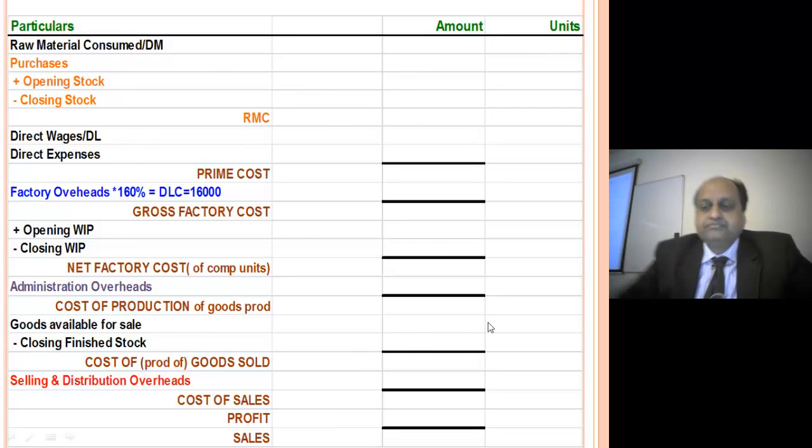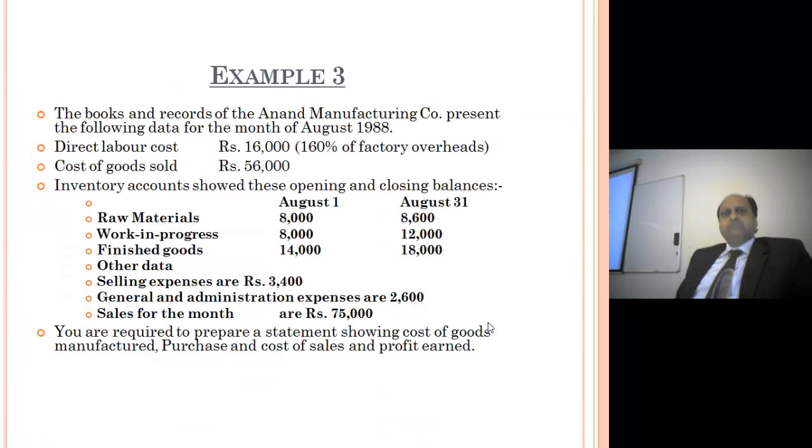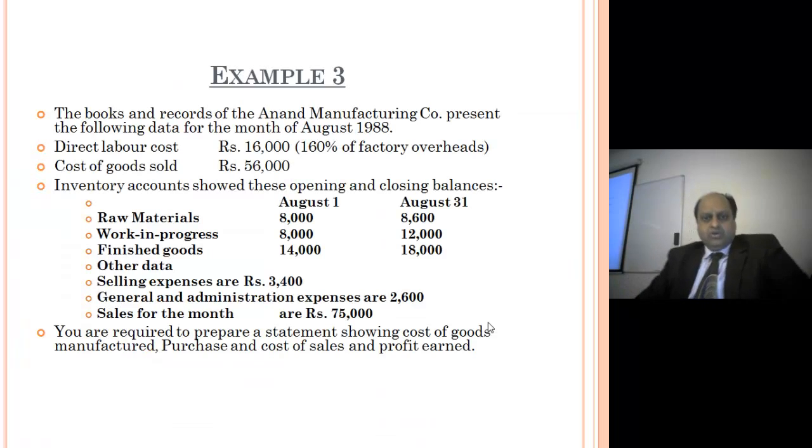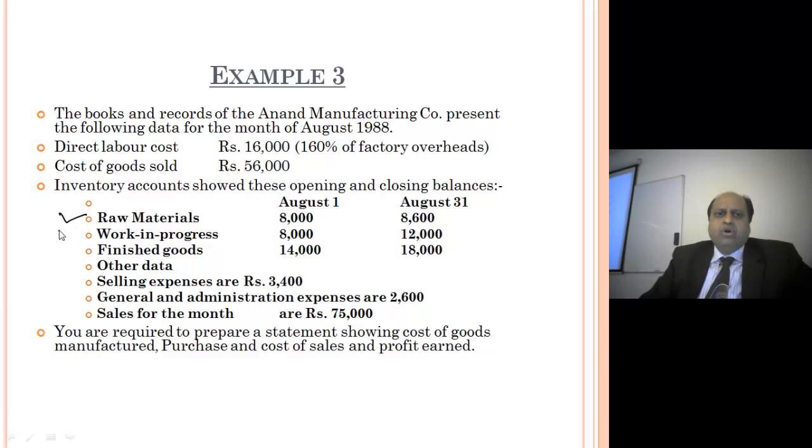Now, here is the question which we will be doing today. So now example number 3. Now let us see, in this question we have all kinds of stock, be it raw material, work in progress or finished stock.